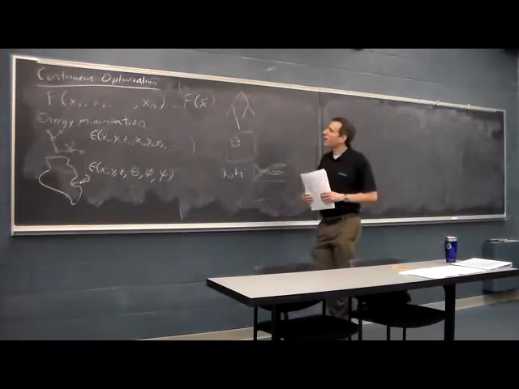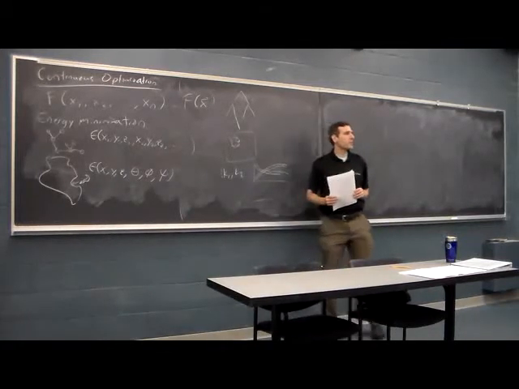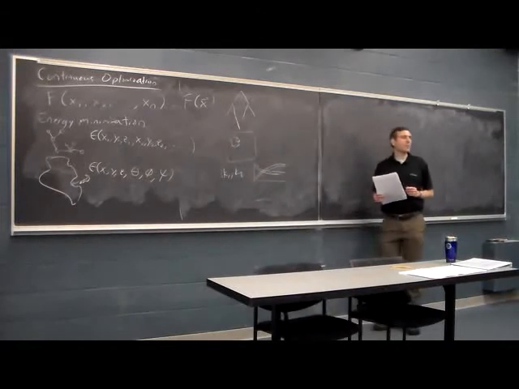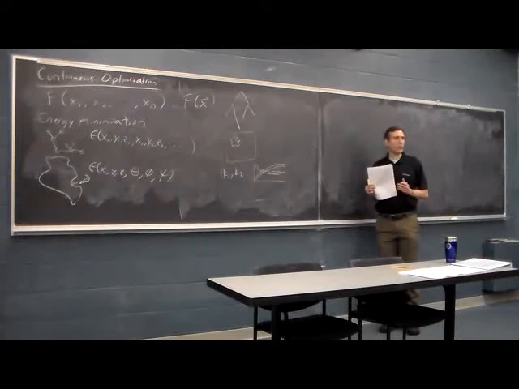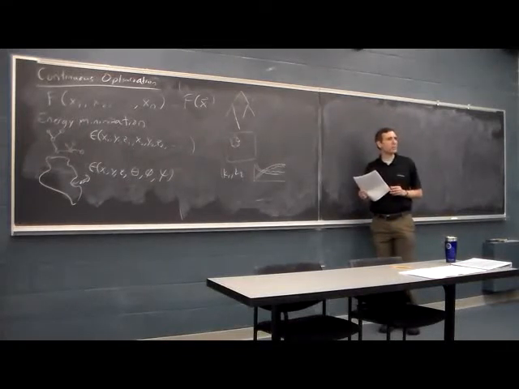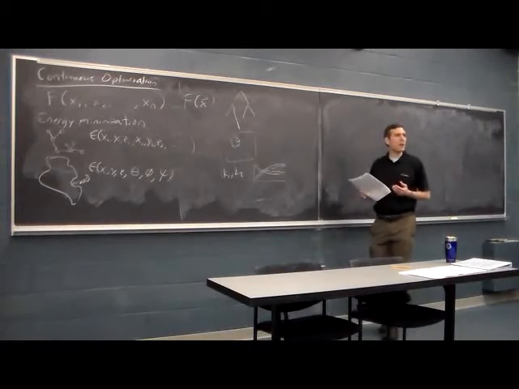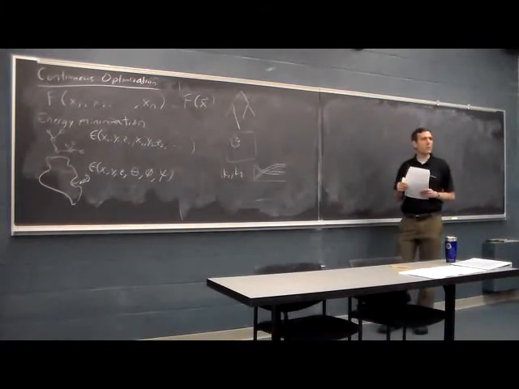Okay, so when we talk about continuous optimization, we usually have to make some assumptions about what we're trying to do. So it's not as general in some sense as discrete optimization, where we can pretty much come up with any discrete problem and at least talk about how we would optimize globally over possible solutions to that problem.